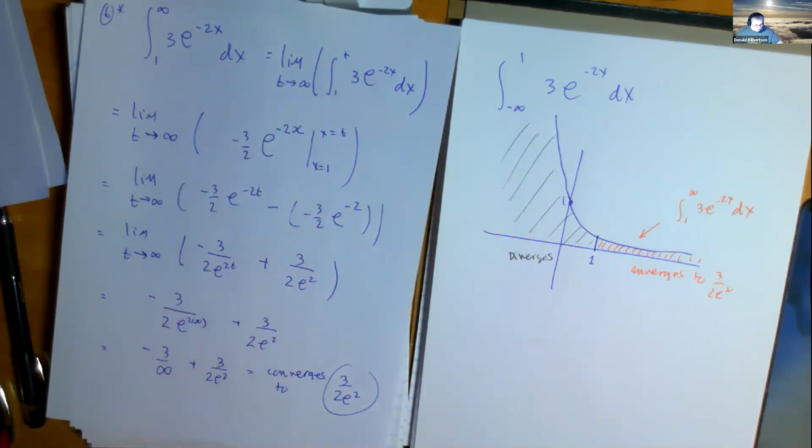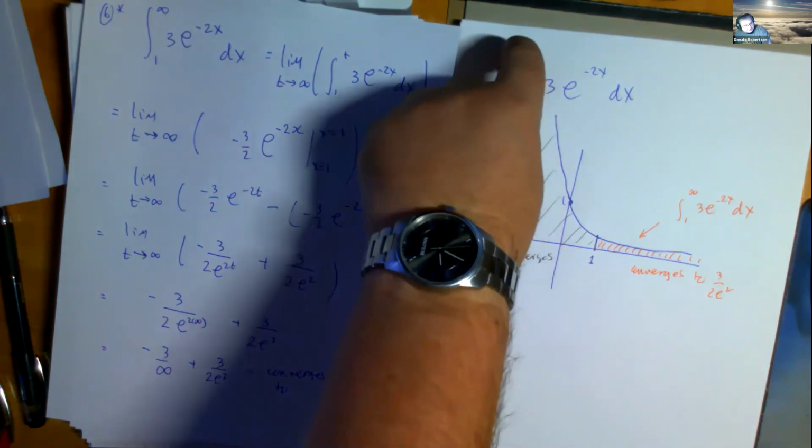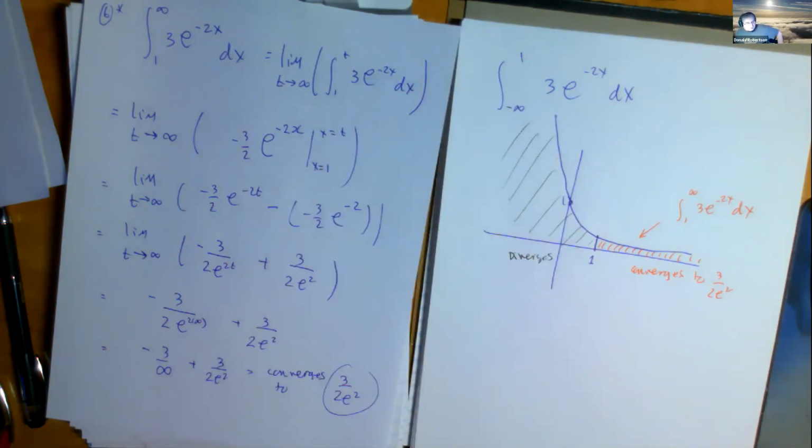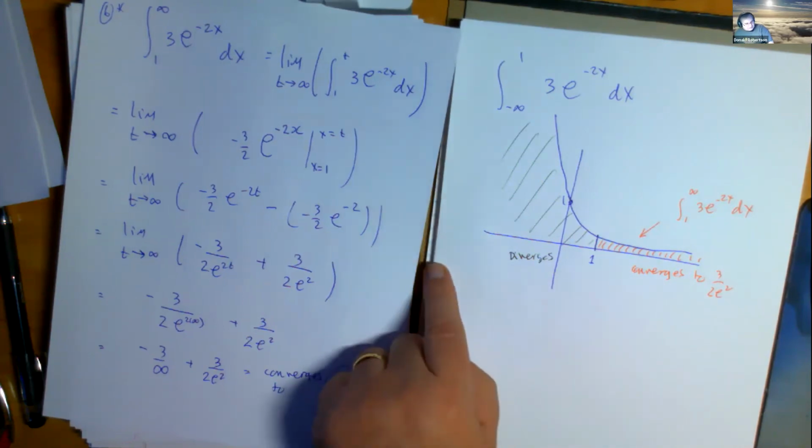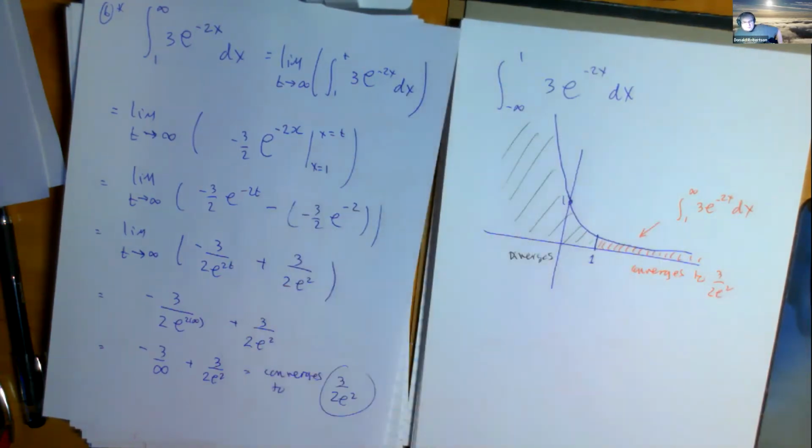So the moral of that story is that whether it's plus or minus infinity, whether it's a plus infinity in the top or a negative infinity in the bottom, don't you have to do the question? Because they don't always get you the same answer, right? 1 to infinity is a number, and minus infinity to 1 is actually infinitely big. It diverges. So it's not the same.